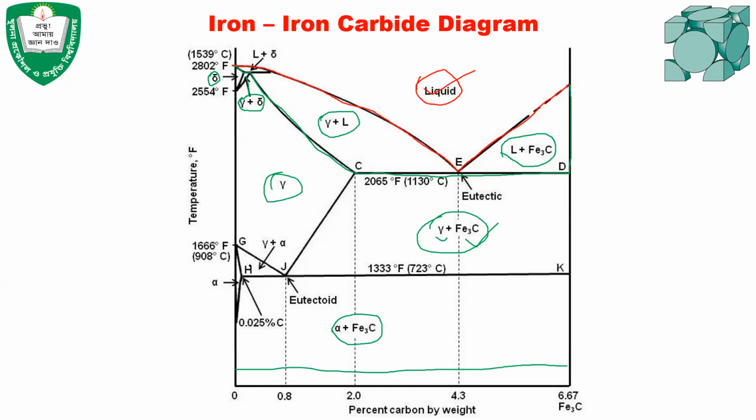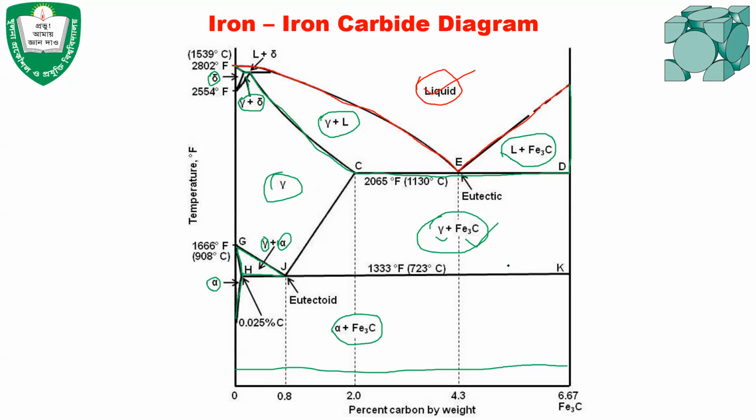Another two phase region here consists of gamma iron and alpha iron. That is FG in this region. And there is another region indicating the solubility of carbon in iron, that is alpha. This is called the alpha region. It's a single phase region.